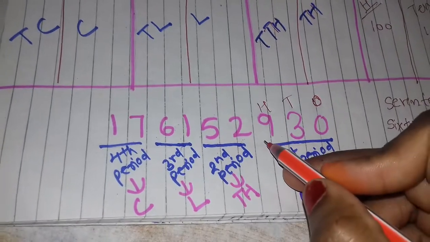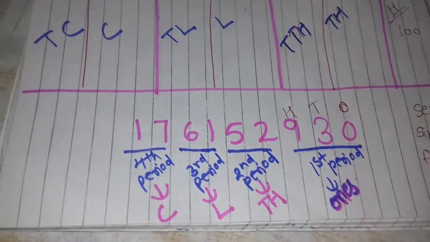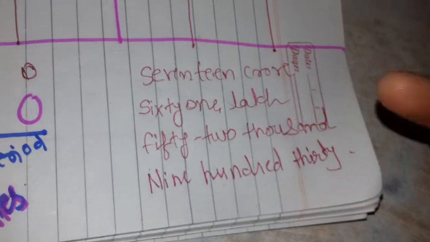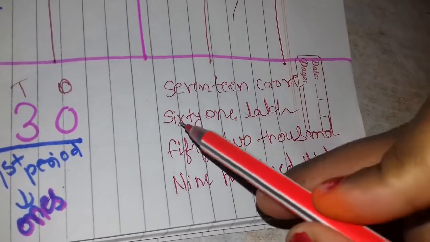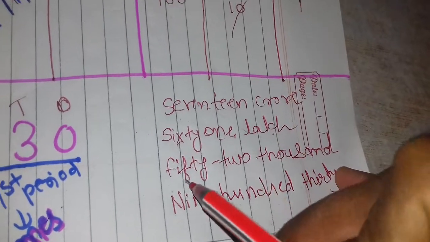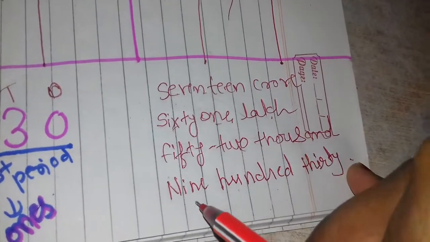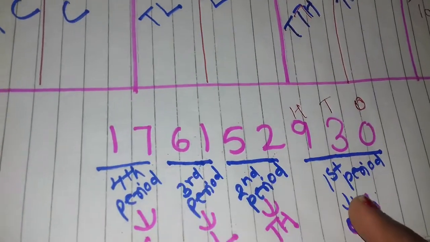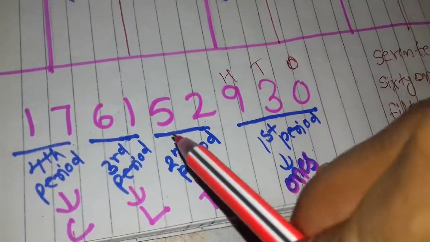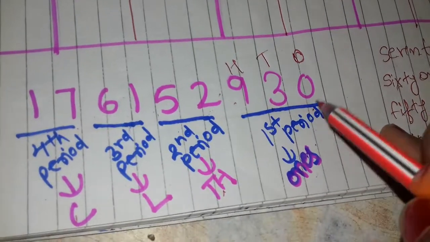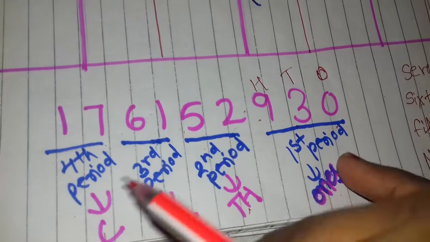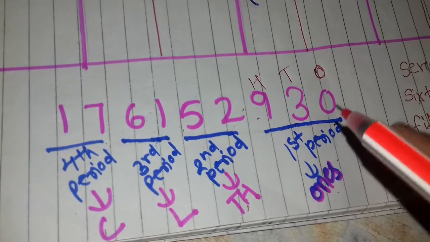So it is 930. So we will read this large number as 17 crore 61 lakh 52,930, according to the periods in the Indian number system.